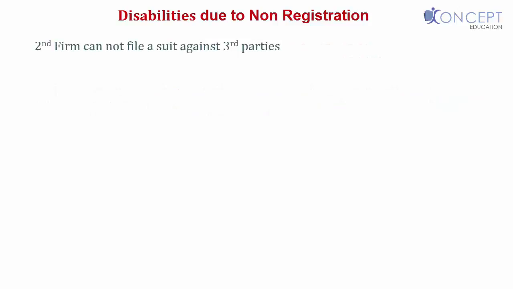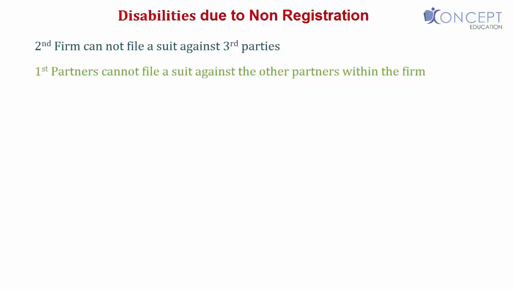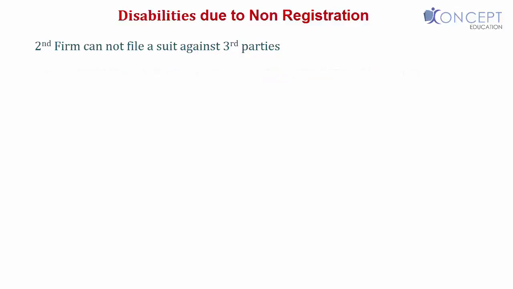The second disability is that the firm cannot file a suit against a third party. So the first disability was that the partner cannot file a suit against the other partners within the firm. Now the disability is that the firm cannot file a suit against third parties. Let's take an example.